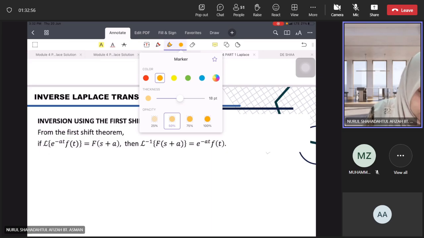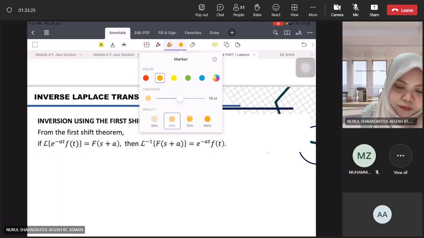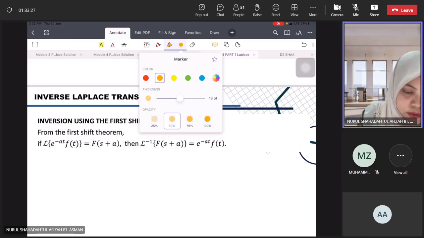If Laplace of e to the negative AT times f(t) equals F(s plus a), then the inverse Laplace is equal to this. Yeah, so this difference you can see is the inverse. I need this one. So this is the inverse. This is the example.